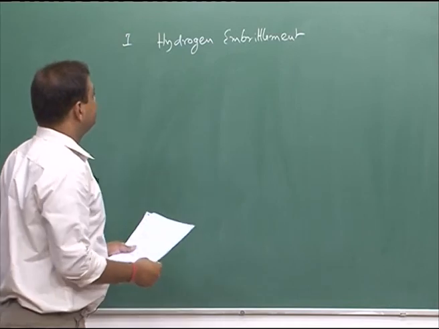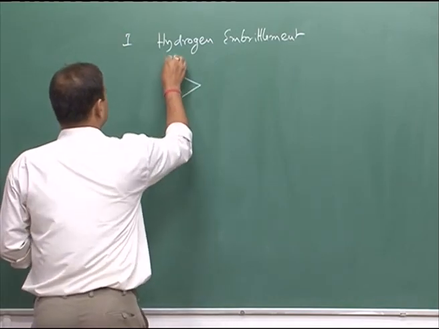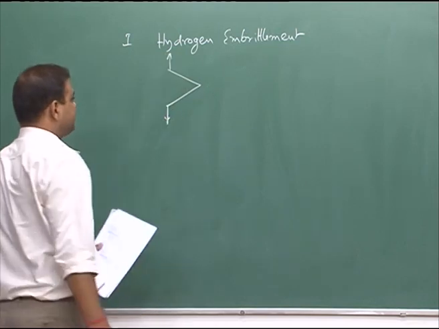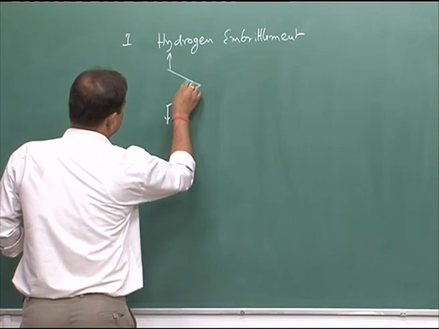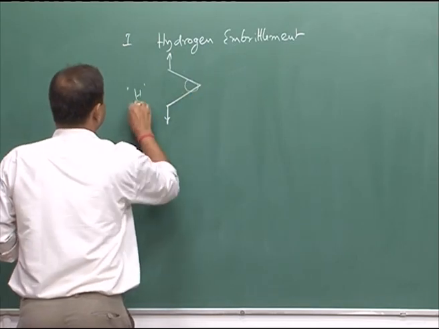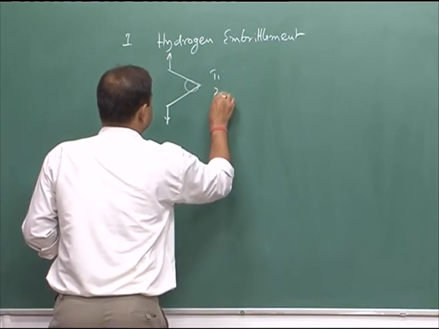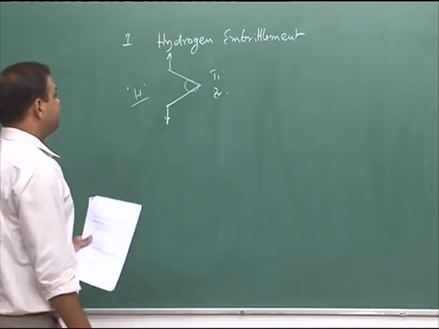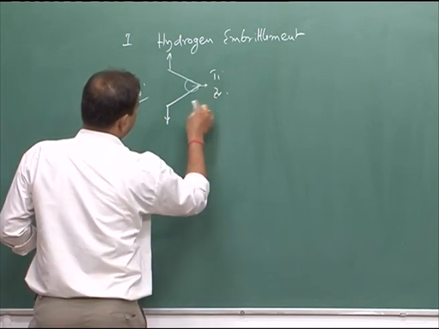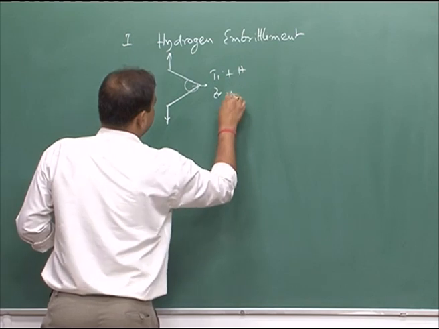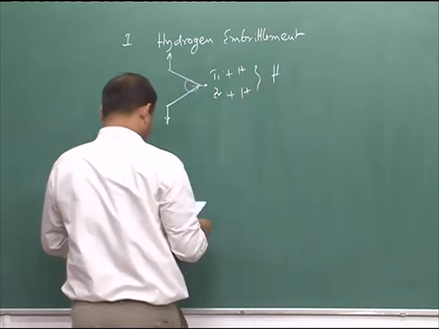Hydrogen embrittlement: in this process, let us say we have a crack like this, and this crack is under tension. In the crack tip zone you have atomic hydrogen formation, and if your material contains titanium or zirconium, those are the hydride forming elements, this hydrogen can diffuse in and react, and then they can form hydrides.